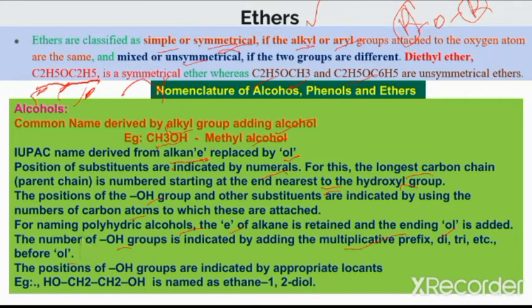The positions of the OH groups are indicated by the appropriate locants. For example, OH CH2 CH2 OH is named ethane-1,2-diol. Here we mention ethane, where the final E is retained, and 1,2 are the positions where the OH groups are present. Since there are two ols, we mention di, and at the end we write ol.